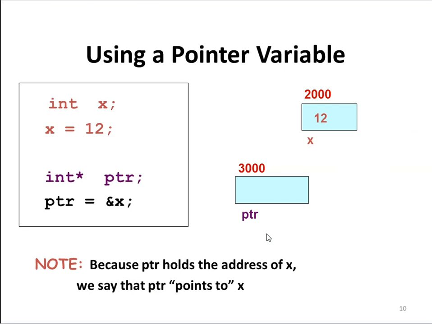It is a pointer variable of integer type, and its address is 3000. When we write the statement ptr equal to &x, meaning &x is 2000, it is copied into ptr, meaning your pointer is pointing to 2000.